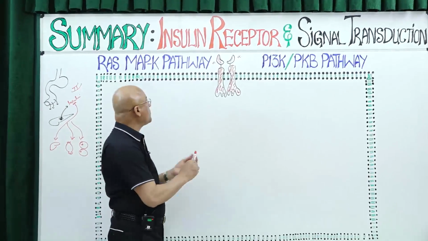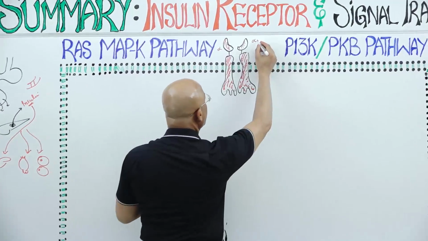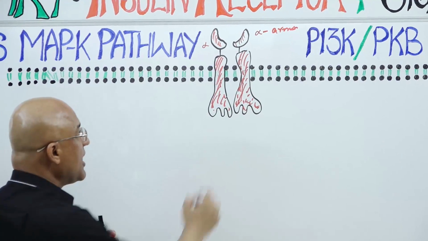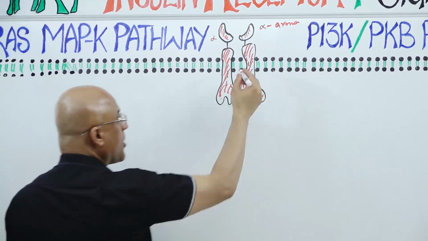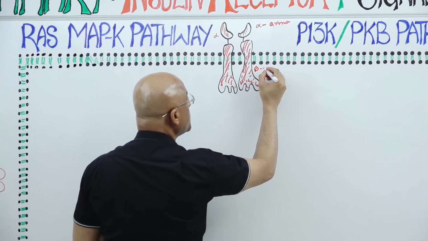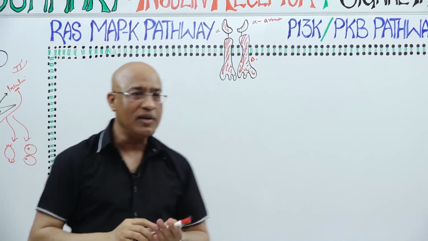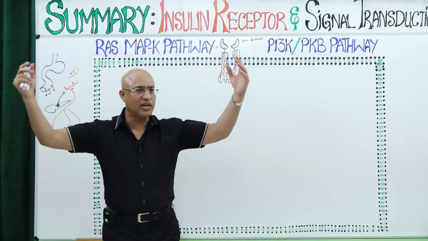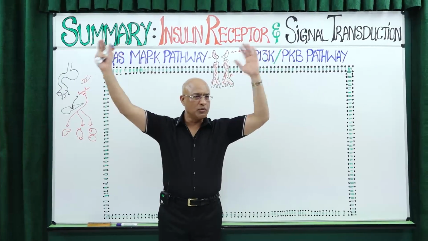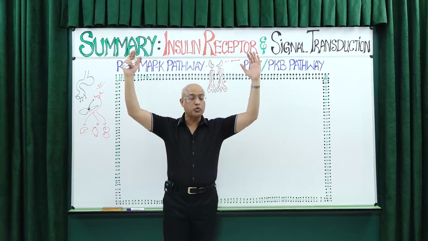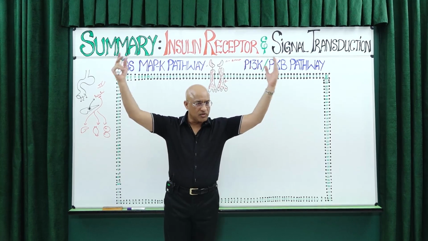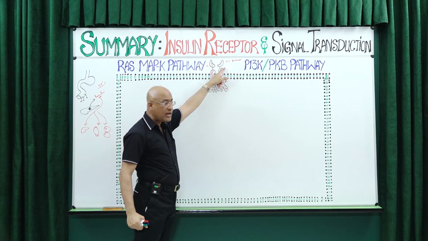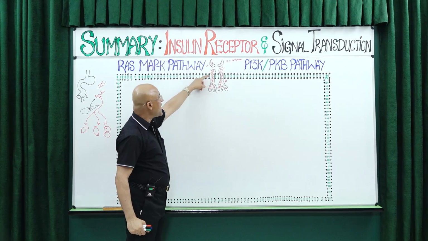We can remember for this jungle queen molecule: alpha for arms, these are alpha units, and these are beta units. Beta for beautiful legs. Arms are totally extracellular. These two alpha units are totally extracellular, and the legs are transmembrane.